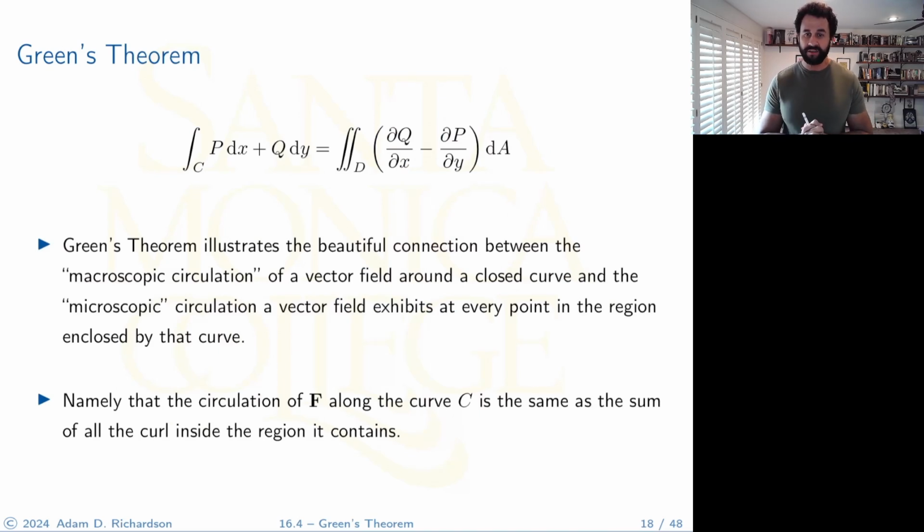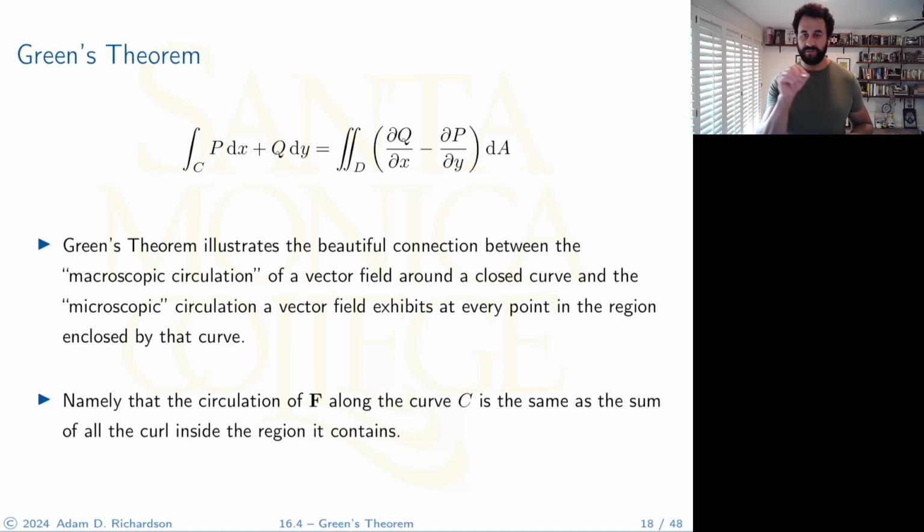So Green's theorem illustrates the beautiful connection between the macroscopic circulation of a vector field around a closed curve and the microscopic circulation of a vector field at every point in the region. So namely, as long as your region is appropriate, if it's a simple region, then the circulation of F along the curve is the same as the sum of the curl inside the region.